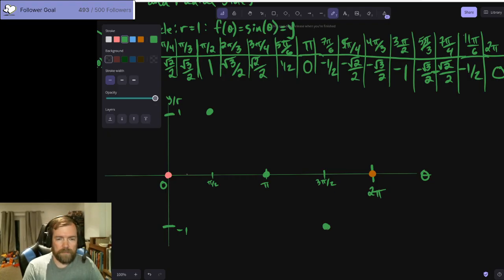Go halfway again. These are odd pi's on 4. So 1, 3, 5, and 7 pi's on 4. Their values are root 2 over 2, which we already discussed is 0.707, which is, roughly speaking, just under 3/4.